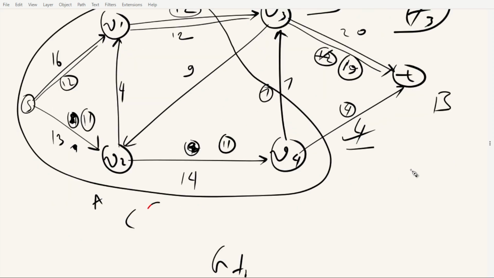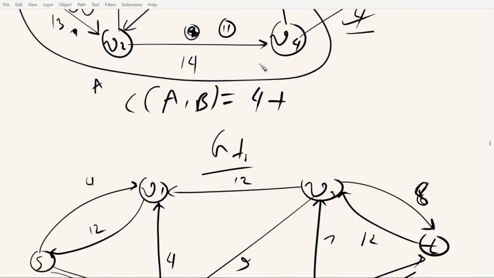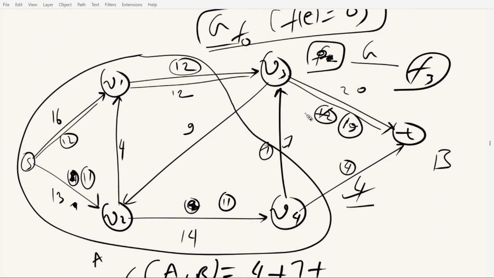So here we can compute C(A,B) is 4 plus, next we have V4 to V3, 7, plus 7, plus one more. This edge is coming in, so we should not count it. Just look around the boundary.